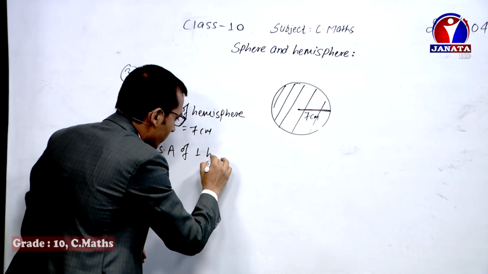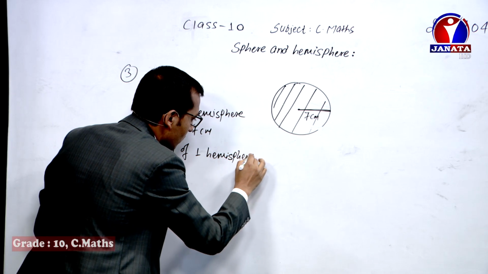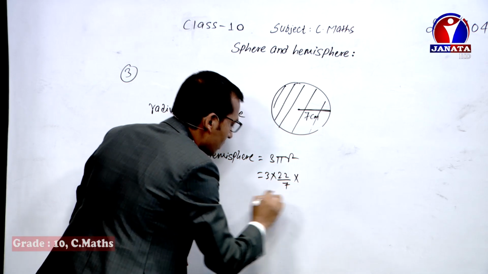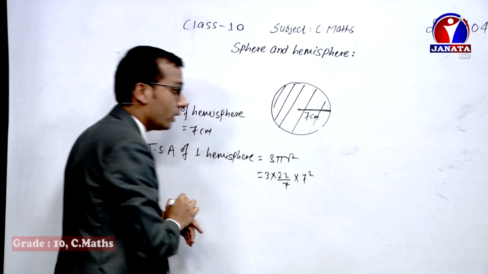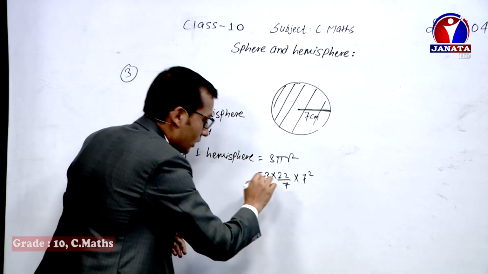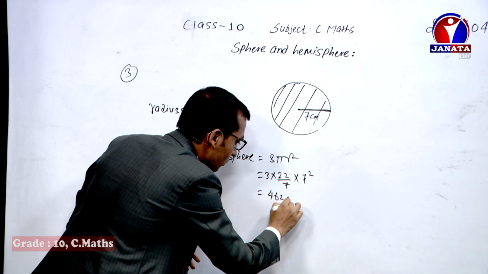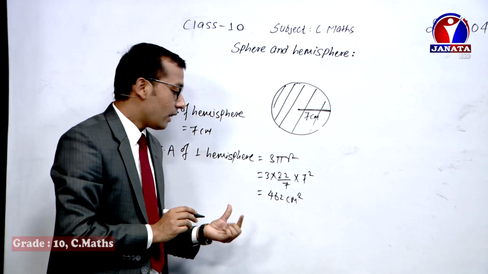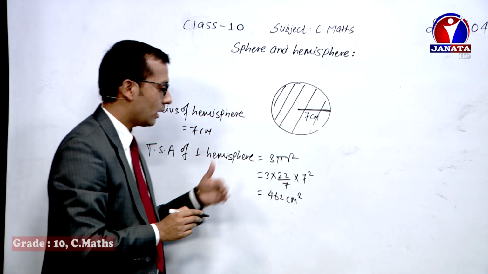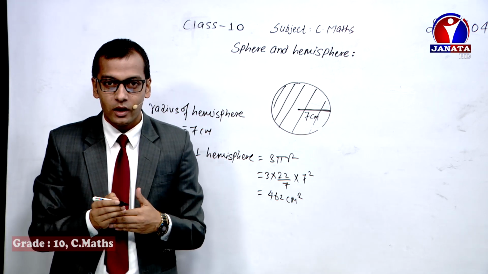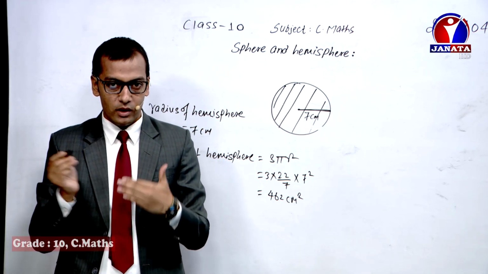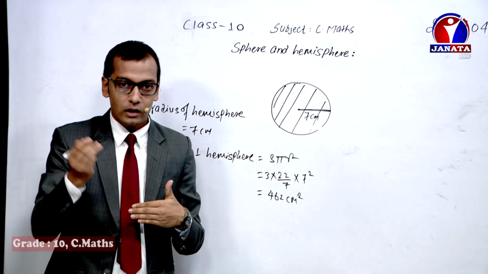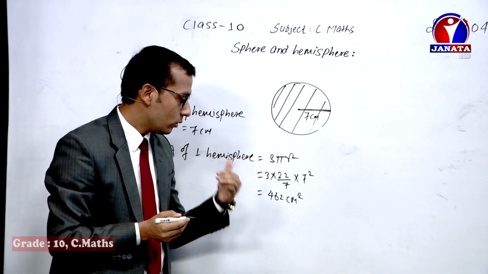Now the total surface area of one hemisphere is 3 pi r square. 3 times 22/7 times r square, which is 7 square. So it gives me 462 square centimeter. So this is the total surface area of one hemisphere. And when we cut a sphere into two halves, the total surface area of each hemisphere is equal. So what is the total surface area of the other hemisphere? It's the same, 462.